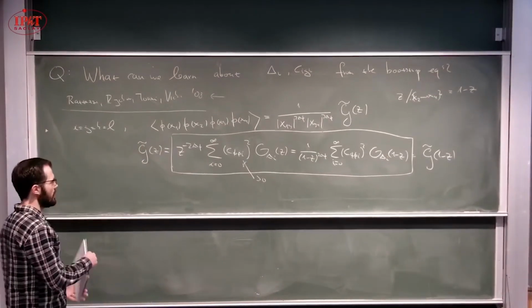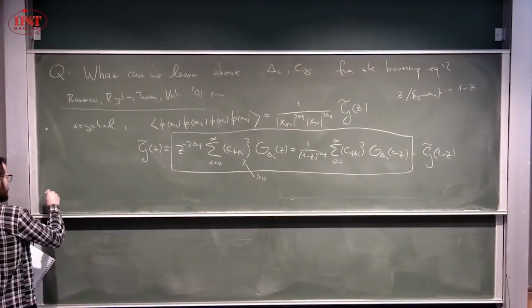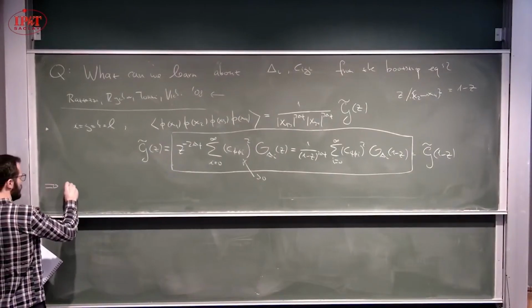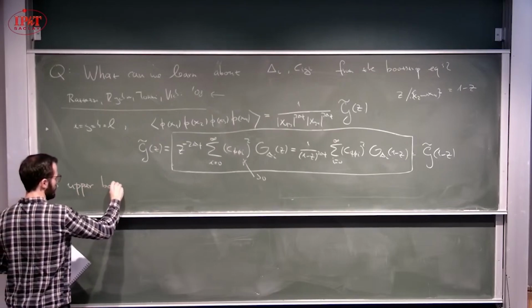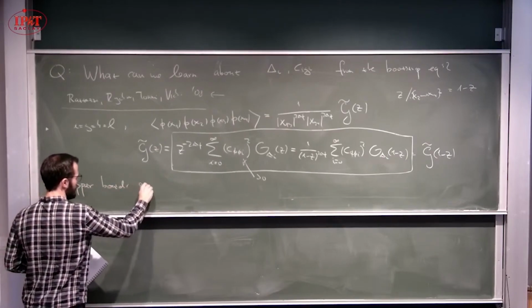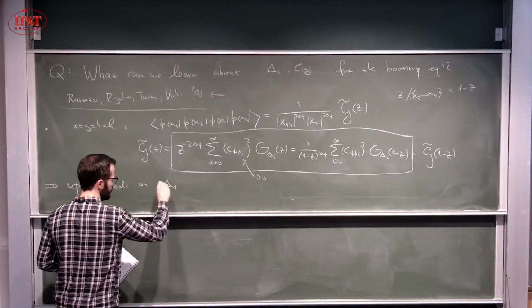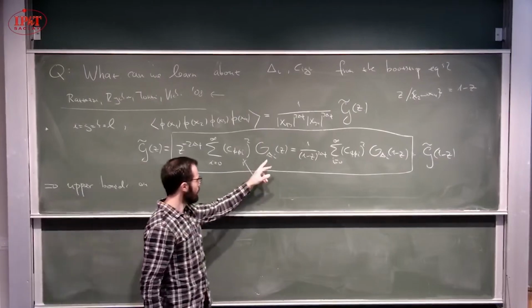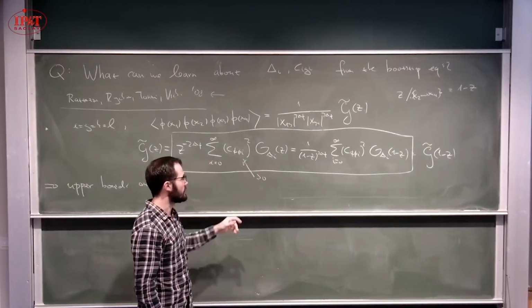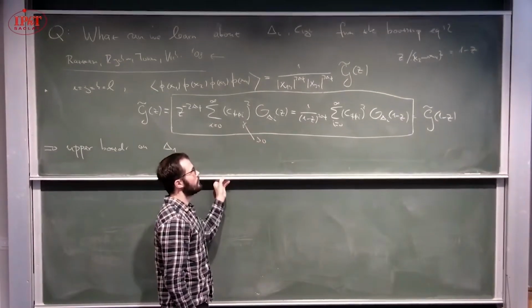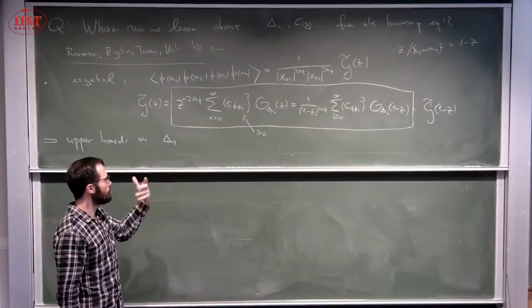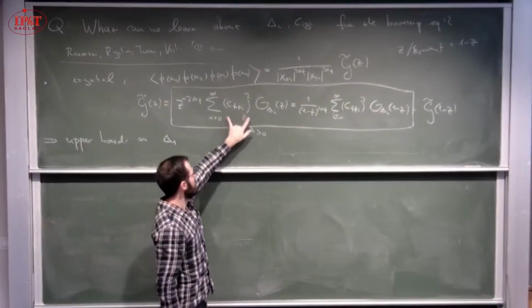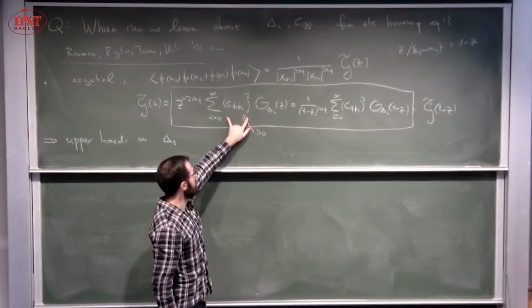And in particular, what this equation implies are upper bounds on delta 1, the first non-zero delta in this sum. Now, if all of the operators have too large scaling dimensions, there is just no way to solve this equation while maintaining positivity of C phi phi I squared.